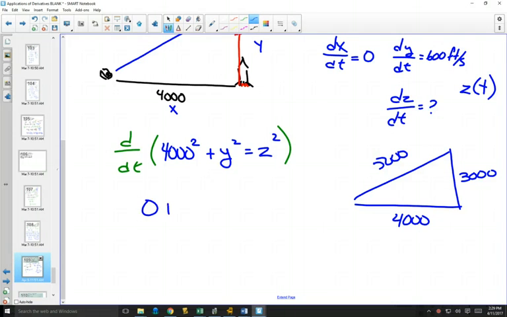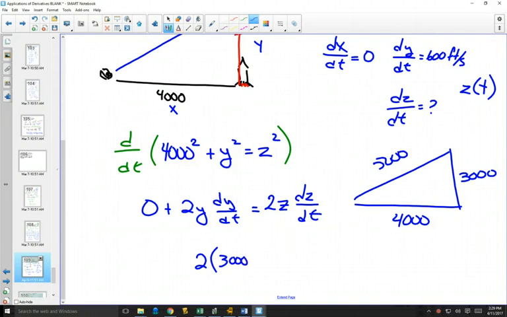So when we take our derivative with respect to time of this equation, we get 0 plus 2y dy dt equals 2z dz dt. Plug in our values, we're going to get 2 times 3,000 times 600 equals 2 times 5,000 times dz dt.